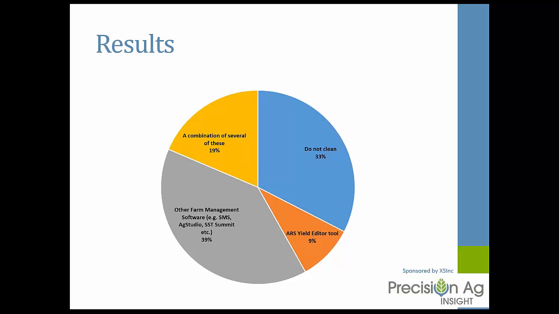Looking at the pie chart, it looks like the majority of you either are not cleaning your clients' yield data or are using an automated cleaning tool in one of those major farm management software. And Chad's going to briefly describe his approach to cleaning yield data, particularly for fields where he ran some kind of trial or test like he was just mentioning with one of his growers. That's using the ARS Yield Editor tool, which it looks like a few of you are already using as well.